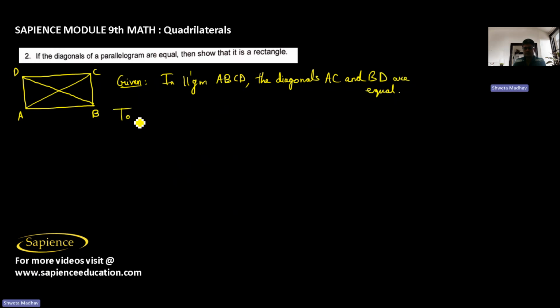Then we have to prove that ABCD is a rectangle. So how to show that it is a rectangle?